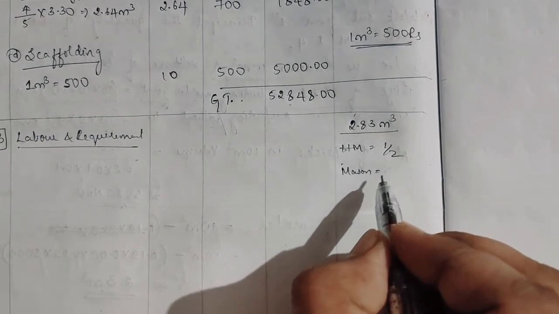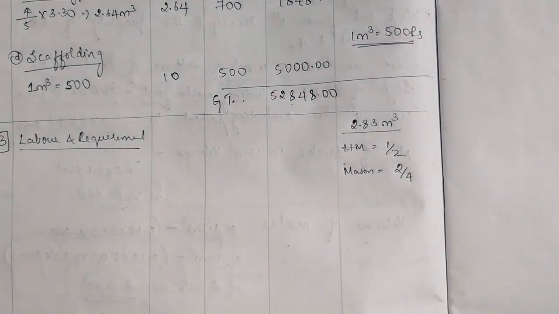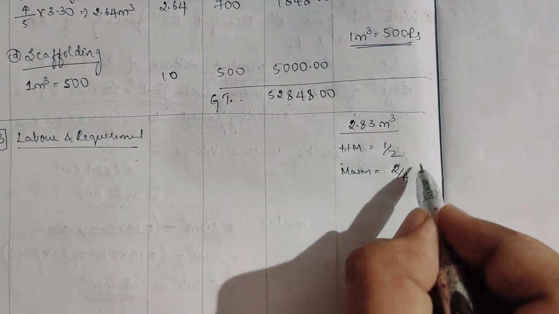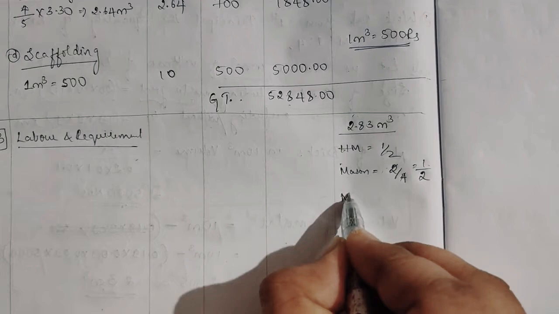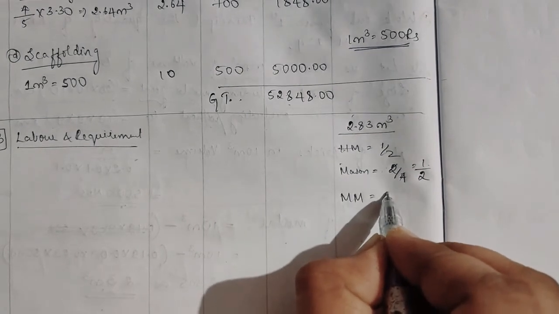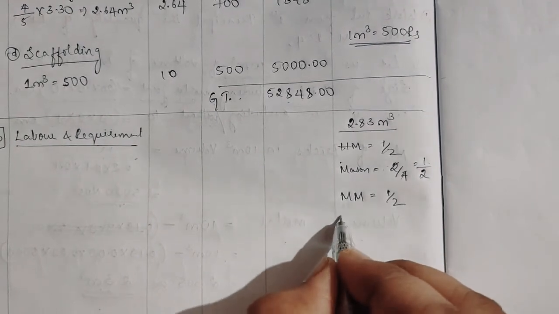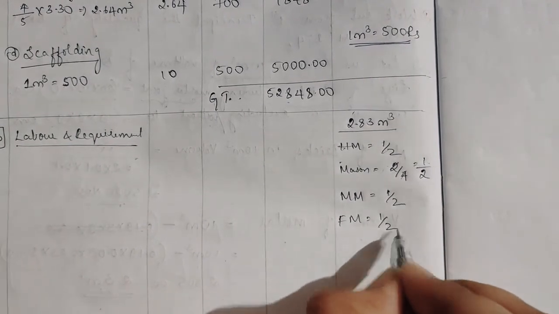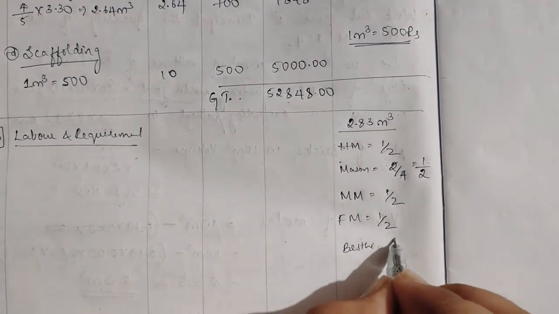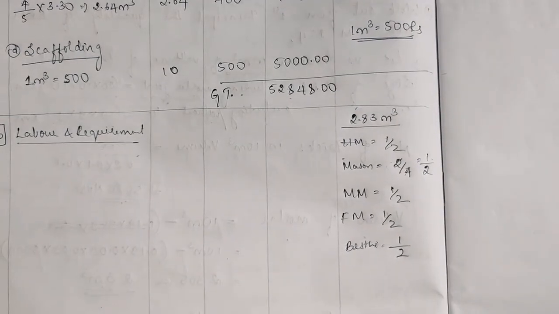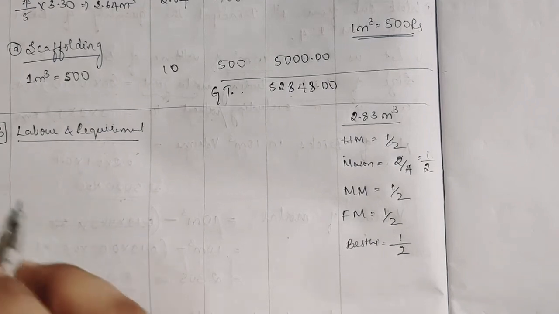Mason is 2/4, which means it's already 1/2 only, okay. And male mazdoor also half. Female mazdoor, I'll take assumption half. So bisti will take as half, okay. I took all half, okay, for 2.83 meter cube of work.